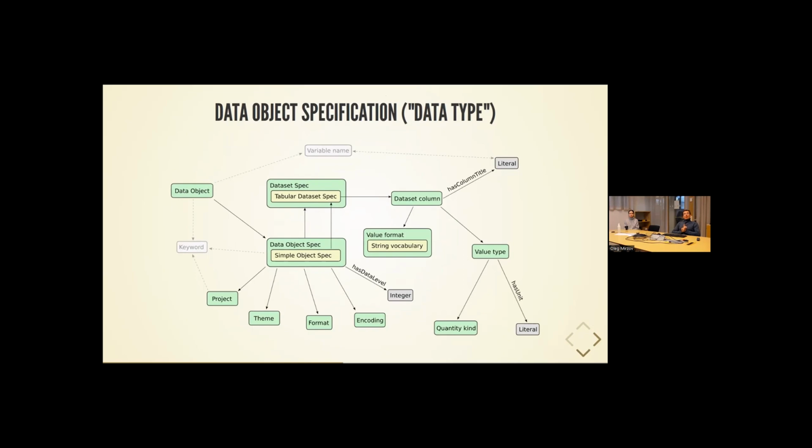Then the third aspect I'm going to mention is what we call internally the data object specification. For the users, we call it a data type. It's probably an easier or more popular notion. It concerns the actual content inside of the data object.